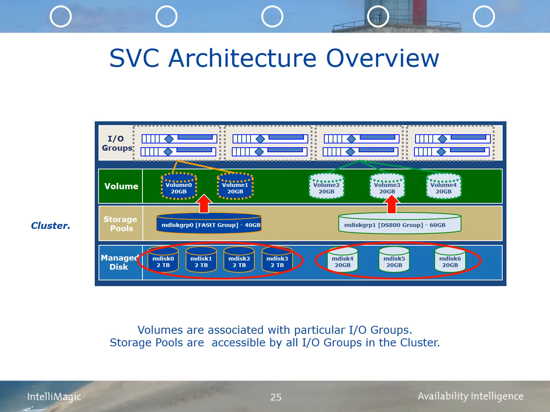The MDisks are grouped together to form storage pools. From the storage pools, the extents are then coalesced to form volumes or VDisks. Hosts are zoned to the nodes within an I/O group, and the I/O groups have access to all the volumes within the storage pools. The volumes are then assigned to the hosts, and the individual components, how they relate to each other, and some of the measurements will be discussed in further sections.